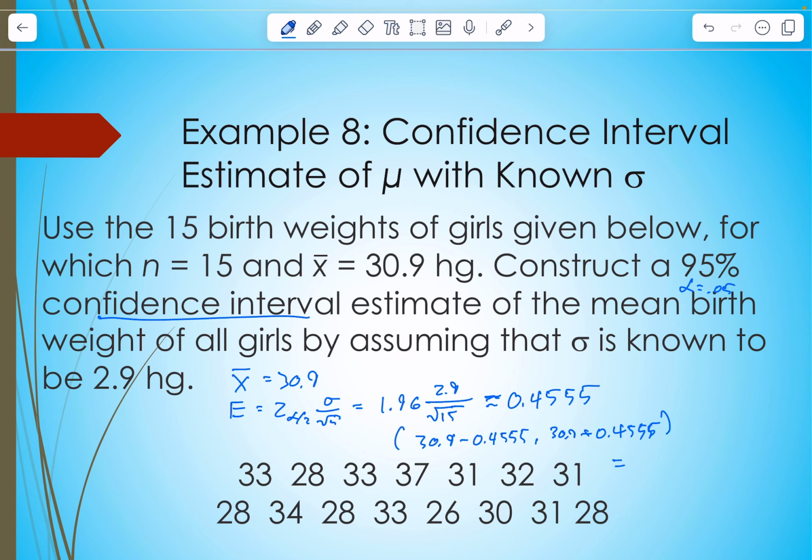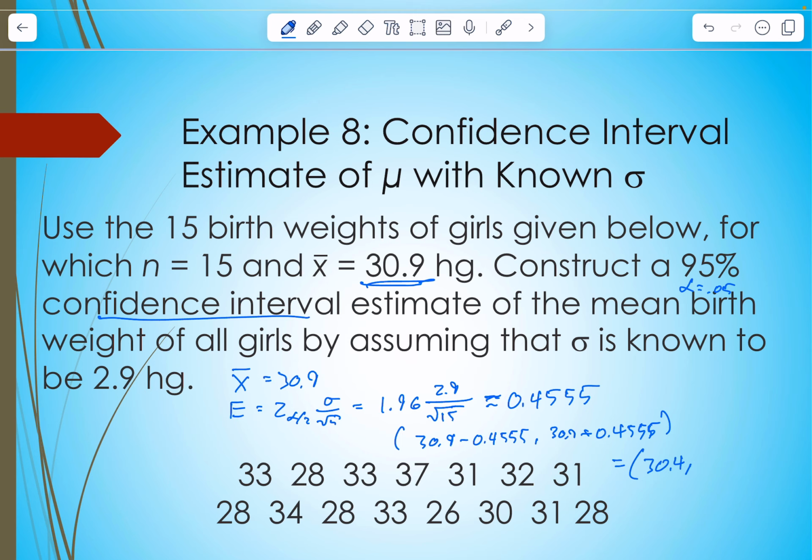So 30.9 minus 0.4555 gives me 30.4. Notice I'm using summary statistics, so I'll just round to the same decimal place.